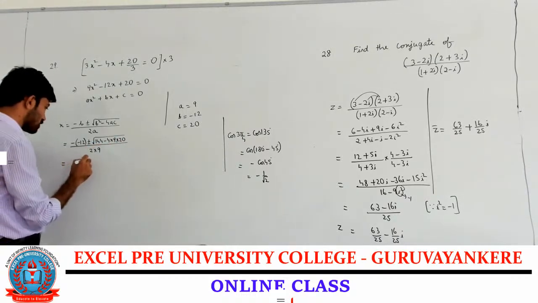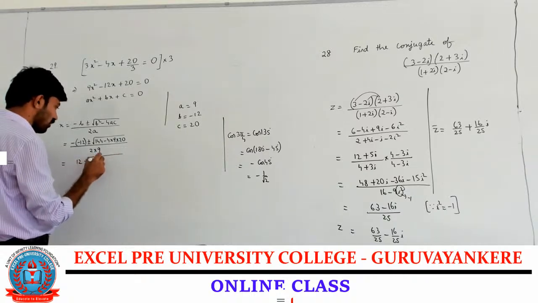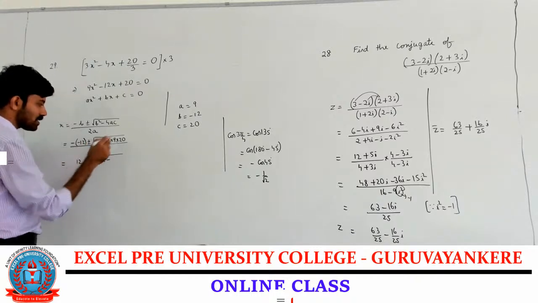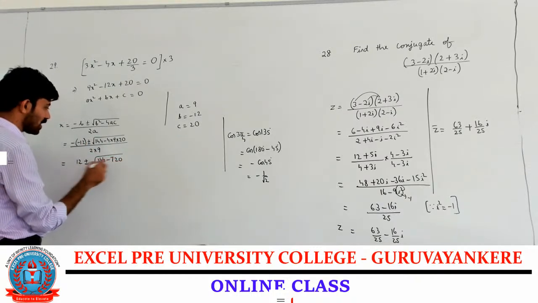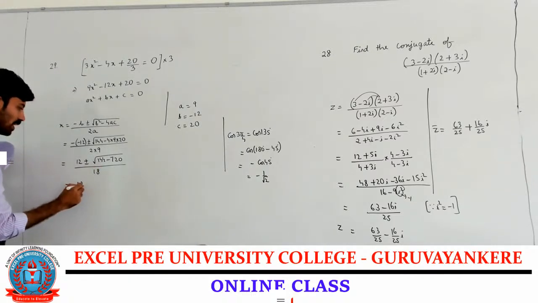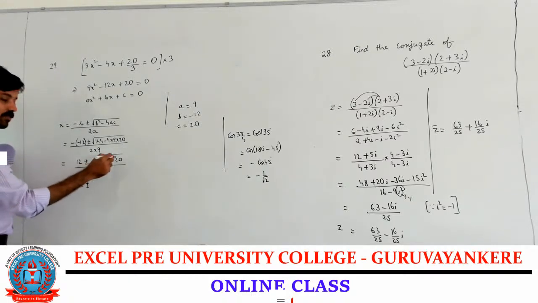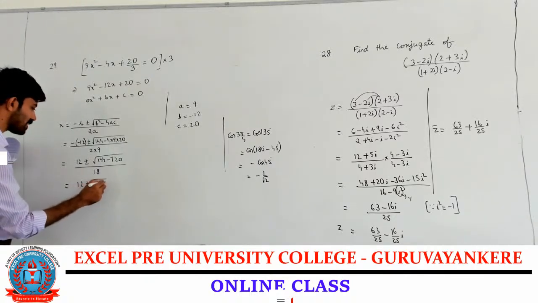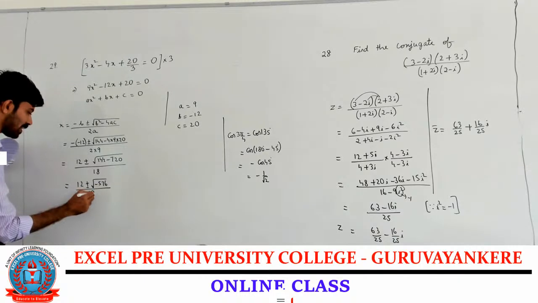Minus of minus is plus 12, plus or minus root of 144 minus 4 into 9 is 36, 36 into 20 is 720, divided by 18. Simplify this: 12 plus or minus root of 144 minus 720, that is minus 576, divided by 18.